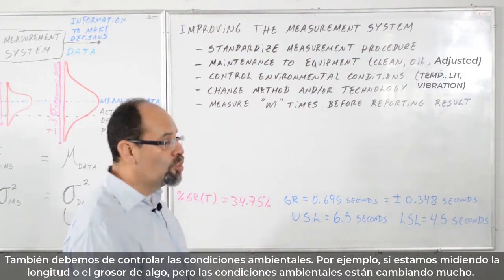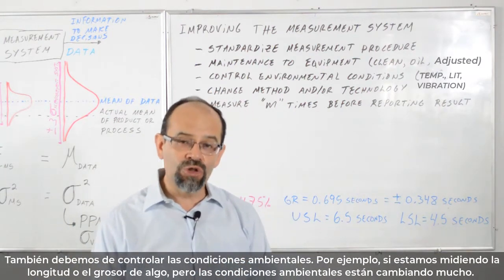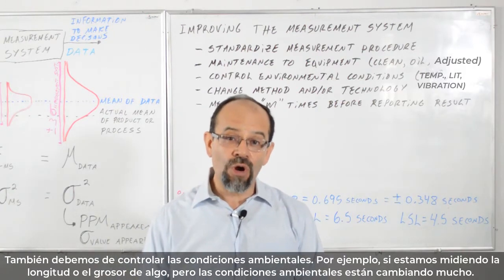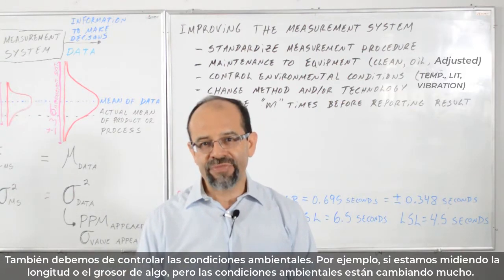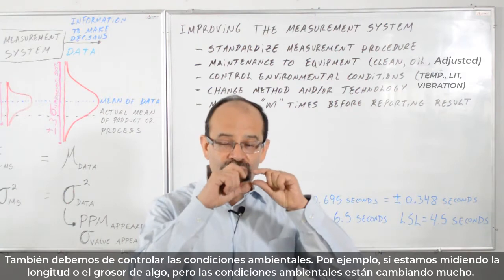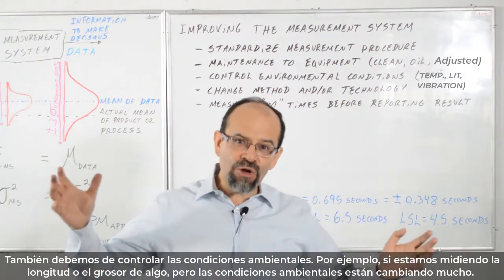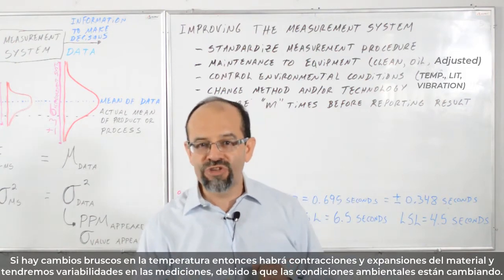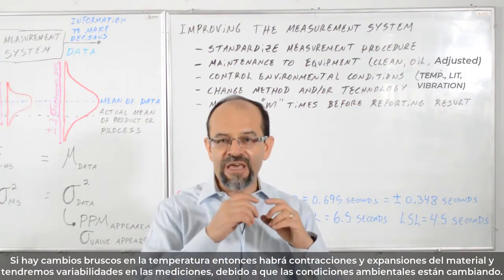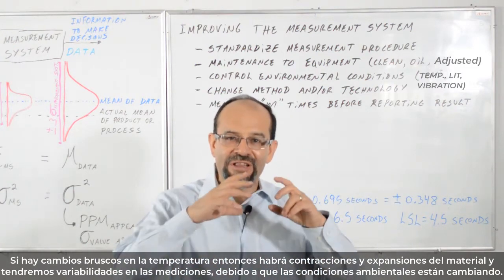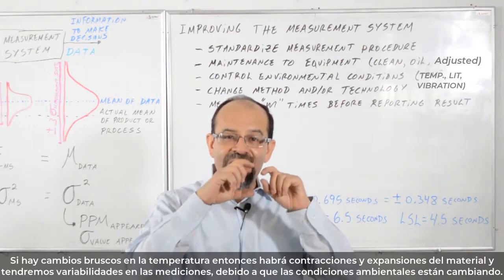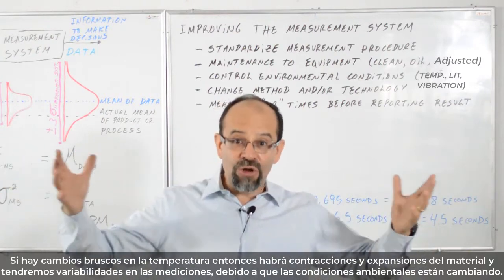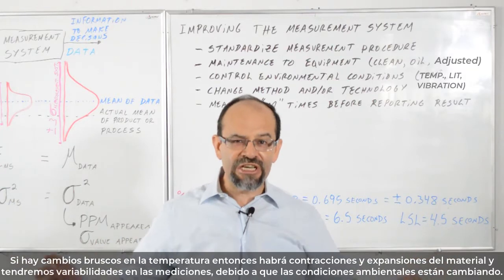Of course, you have to control the environmental conditions. For instance, if you are measuring length or thickness or something, but the environmental conditions are changing a lot, with high temperature and low temperature, there will be contractions and expansions of materials, and you will have variability in the measurements because the environmental conditions are changing.